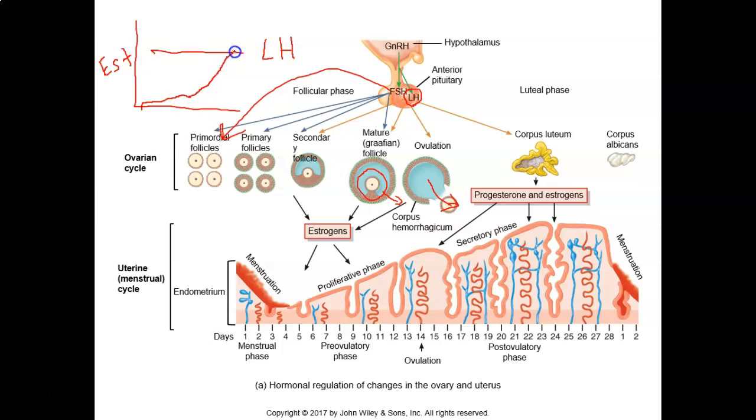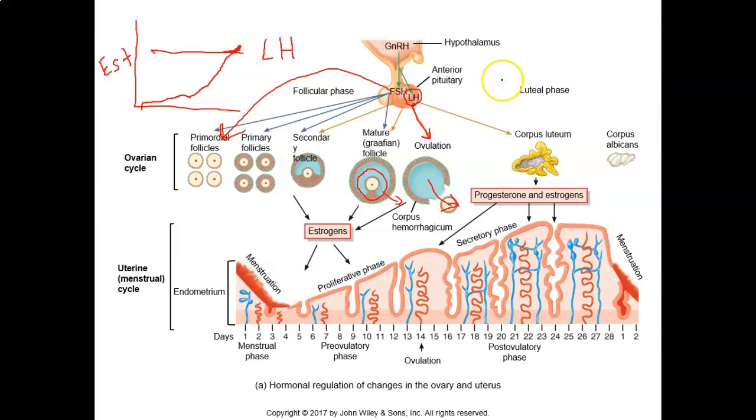So right around day 13 of the ovarian cycle, that's when estrogen levels get high enough. Oh, I've crossed the threshold, I've crossed the line, meaning luteinizing hormone is now released, and that causes ovulation.